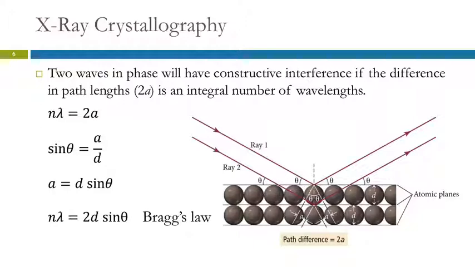when the distance is a multiple of the wavelength. So there's a whole bunch of geometry in here, but it comes down to this, which is known as Bragg's law. n, that's that integer number, n times the wavelength is equal to 2d sine theta, where theta is this angle of incidence and d is the distance between the layers.